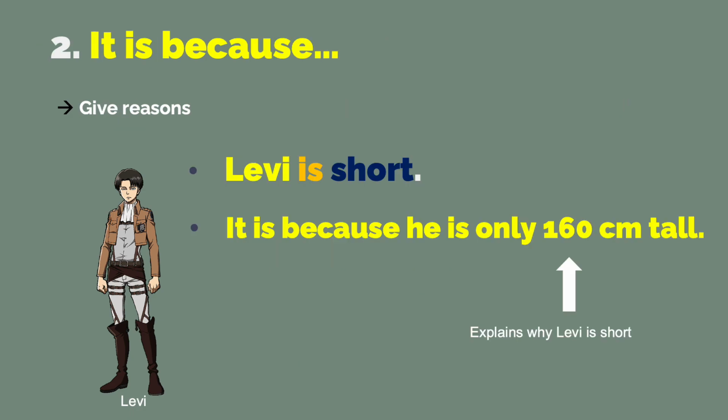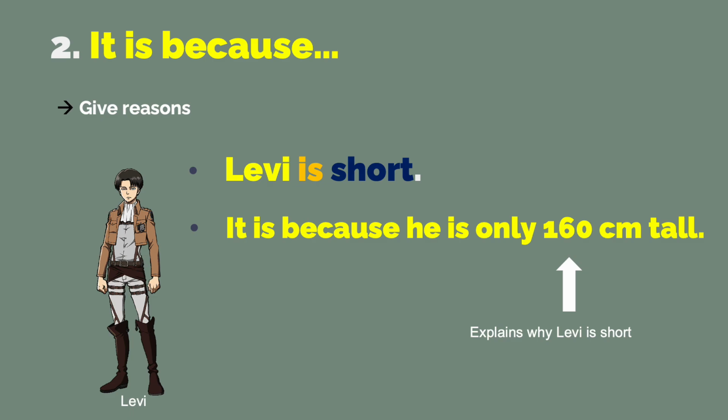After using the sentence pattern subject plus verb plus adjective to describe Levi's appearance, we can also make use of the other sentence pattern it is because to give reasons and add more details. Let's take a look at the boy here. Just now, we have used the adjective short to describe his height, isn't it?